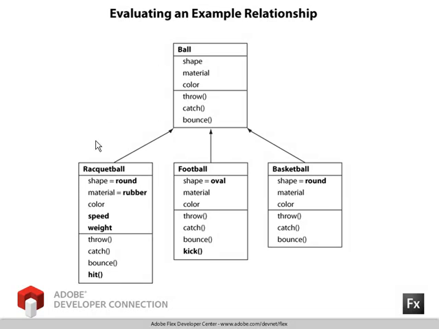By default, this class specializes in round and rubber balls but does not define the color. It also has properties of its own, like speed and weight, that are not shared by the Ball class. Likewise, while the Racquetball class does inherit the throw, catch, and bounce methods, it has its own method called hit.